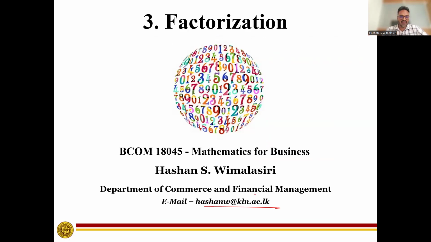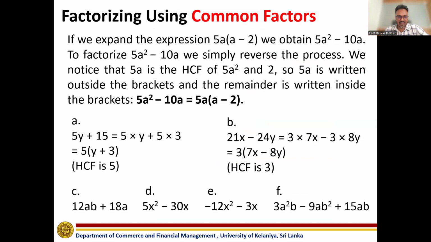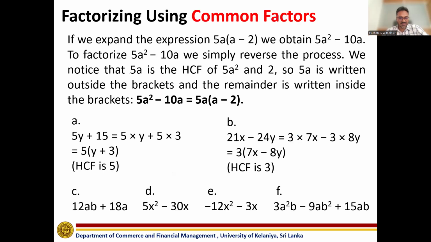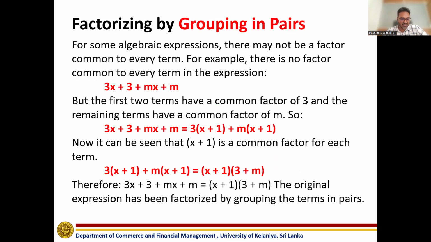And yes, next thing is factorization. So factorization means identifying the factors, right? So in here we are specially focusing on the highest common factor. What are the common factors? These are the ways we do it by grouping terms.